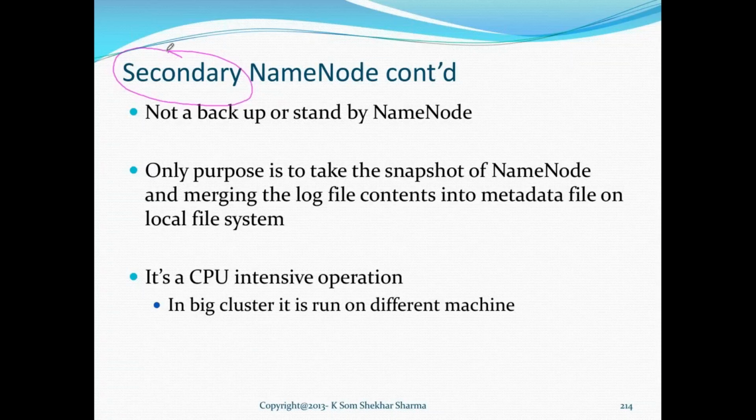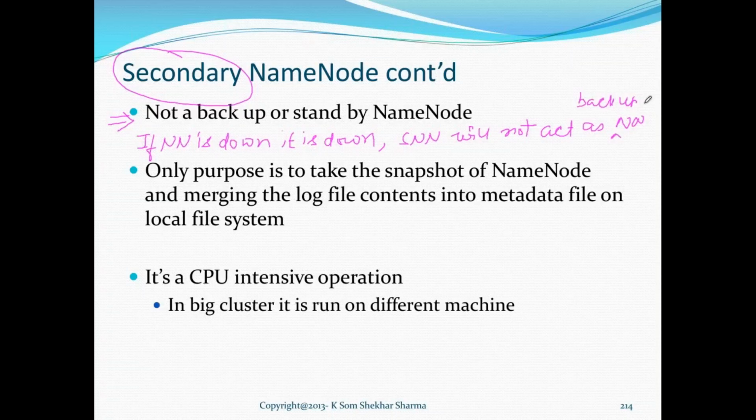So the very first thing you should understand is that it is not a backup or standby name node, which means that if the name node is down, it is down. Secondary name node will not act as a name node, backup name node, whatever.